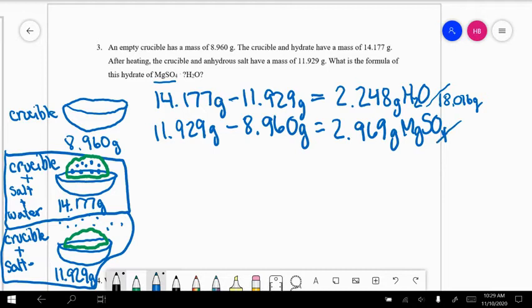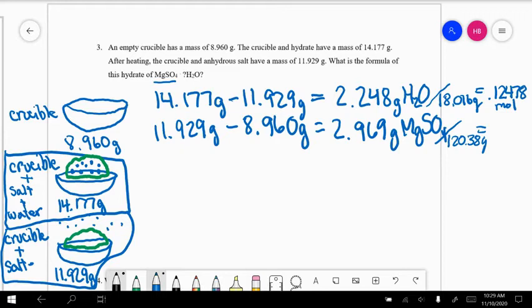And the molar mass for magnesium sulfate is 120.38. So this gives me 0.1248.